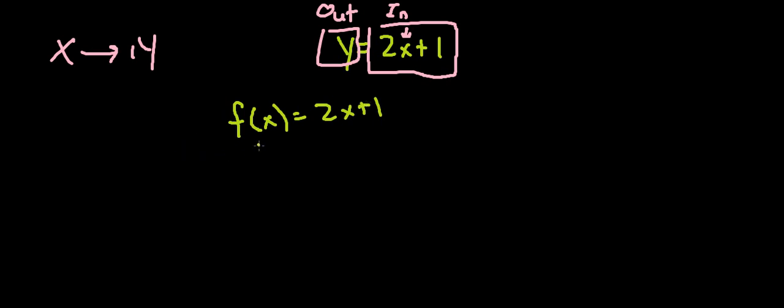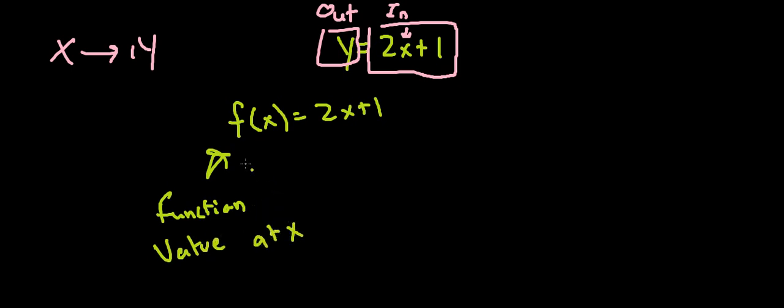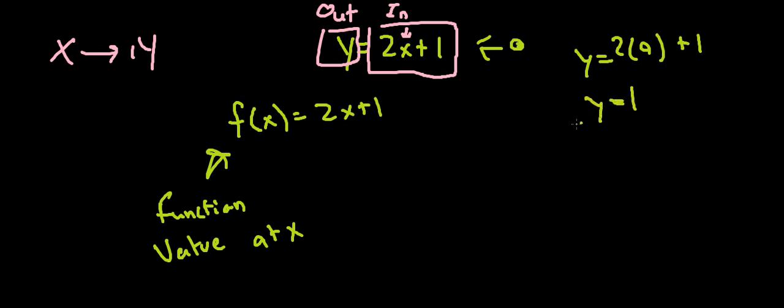And f of x means the function value at x. So let's say I put in a 0 for this equation over here. I get y is equal to 2 times 0 plus 1, which gives me y is equal to 1.